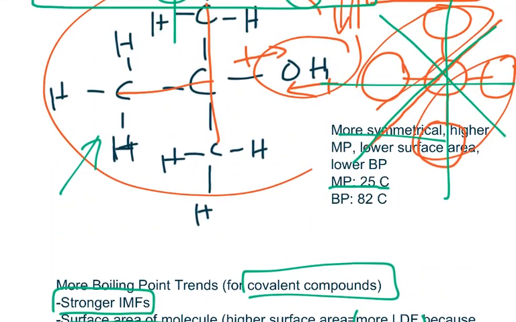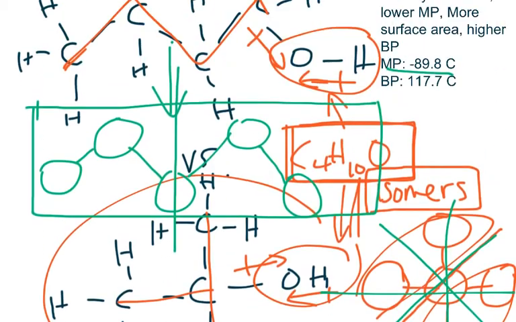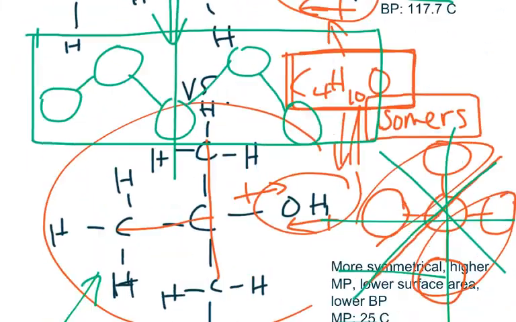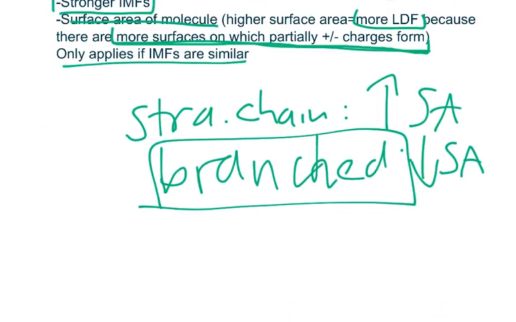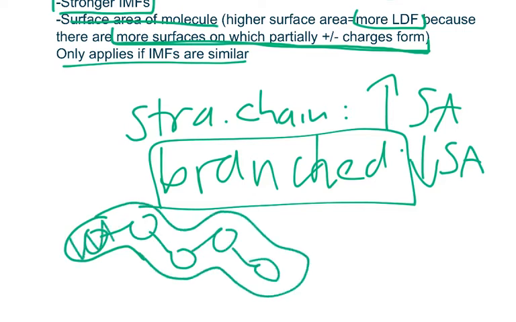So we could also think of this by drawing it. For the chain that we see for our first isomer, it might look like this. So 1, 2, 3, 4, 5. It has this much surface area, and surface area is just the area that's on the surface of the electron cloud.